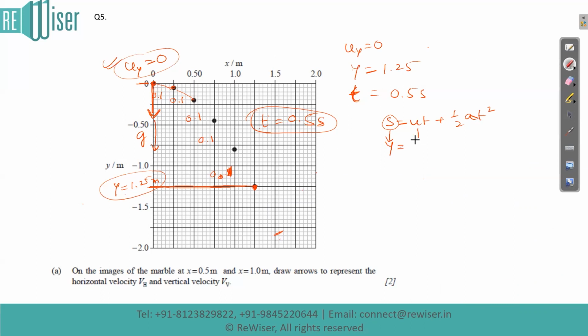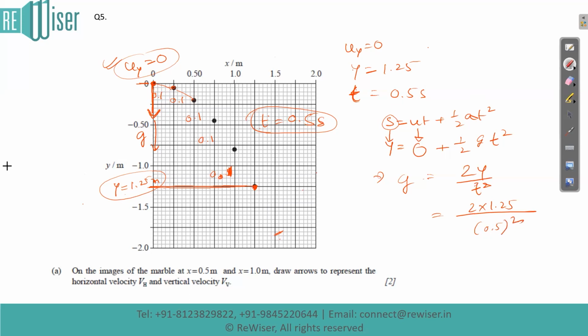So it will eventually give us 0. Half, the acceleration downwards is g into t square. So g will be 2y by t square.